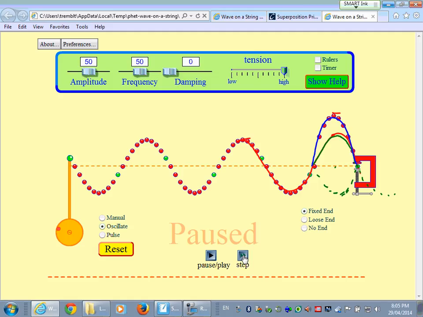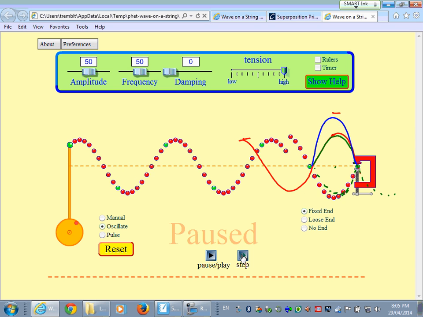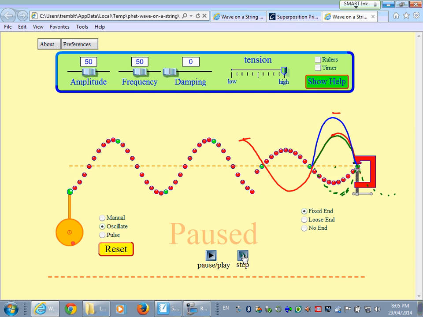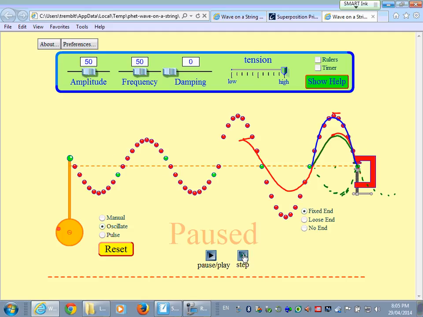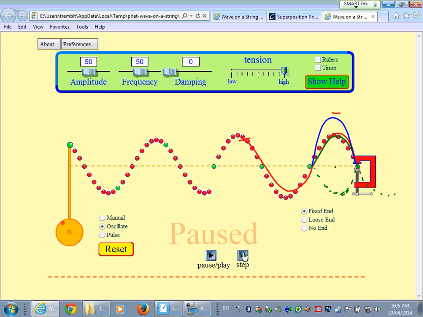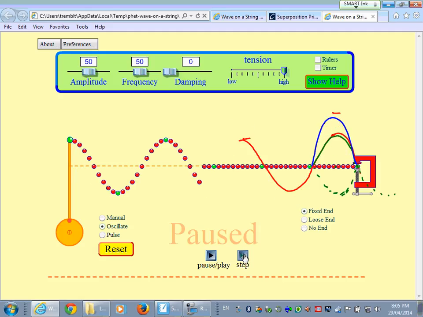If we allow this to run a little bit more, you can see that we go through periods of constructive interference like we have here, and then a little bit later it looks like the wave totally disappears. Again, let's follow the red wave here.